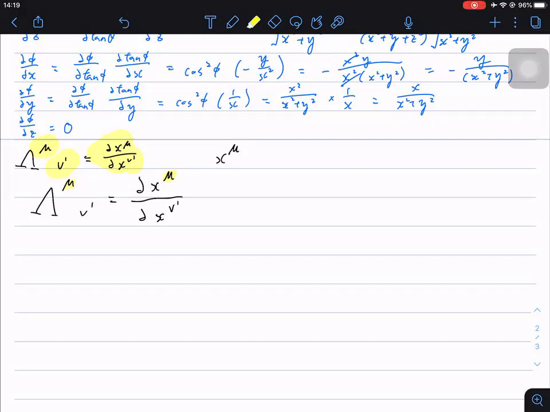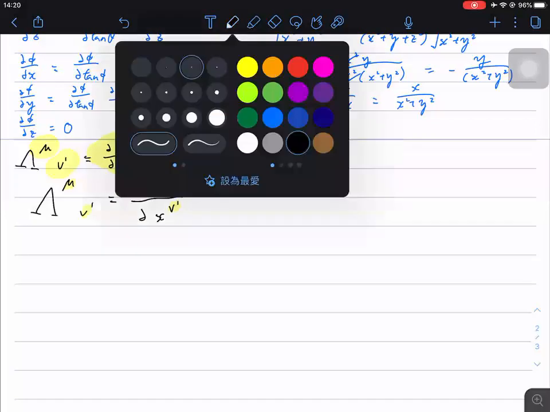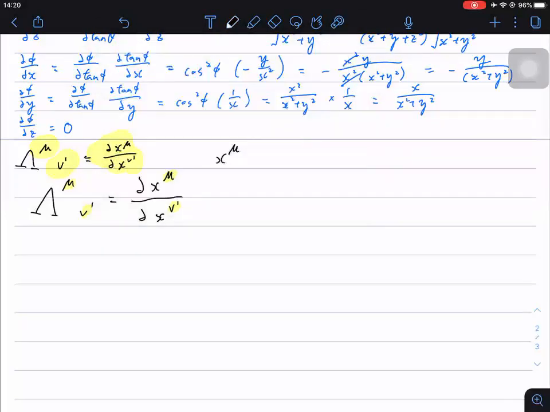Since it is located in the numerator, we keep the superscript for mu. However, for nu, since it is in the denominator, it is a superscript in the denominator. So when we convert it into the matrix, we have to put a subscript here. Yeah, that's the general rule.